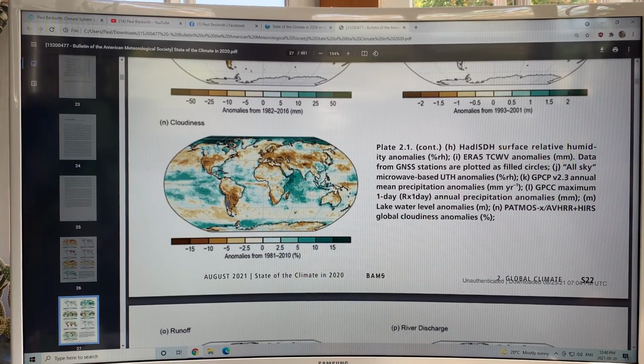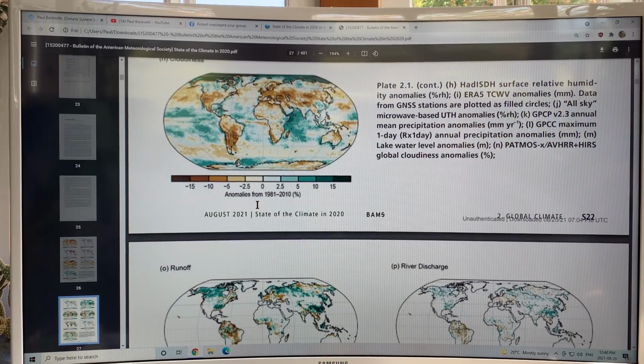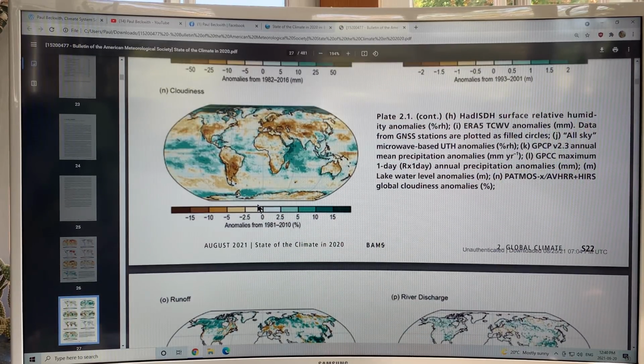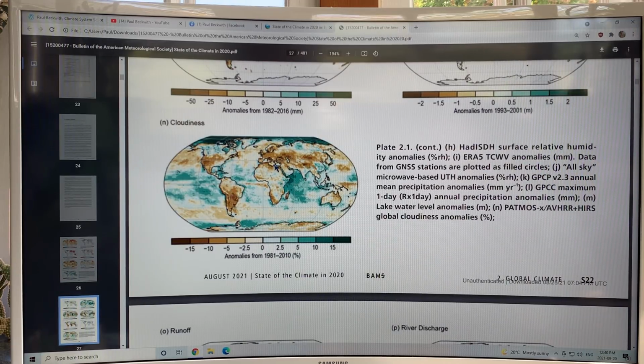So 10% less clouds over the main continents, and there's actually more clouds over the oceans here, which is a very, very pertinent change when we want to talk about doing things like marine cloud brightening. Okay, so if you think that the sun is getting hotter in your location over the land, well, there's less clouds, and one of the reasons for this is the particulate matter.